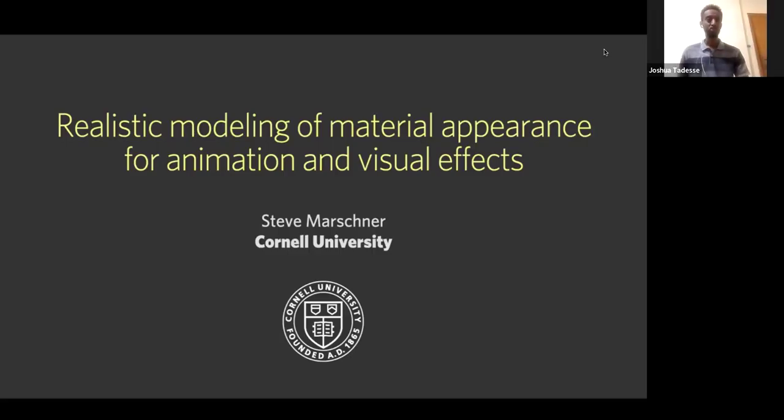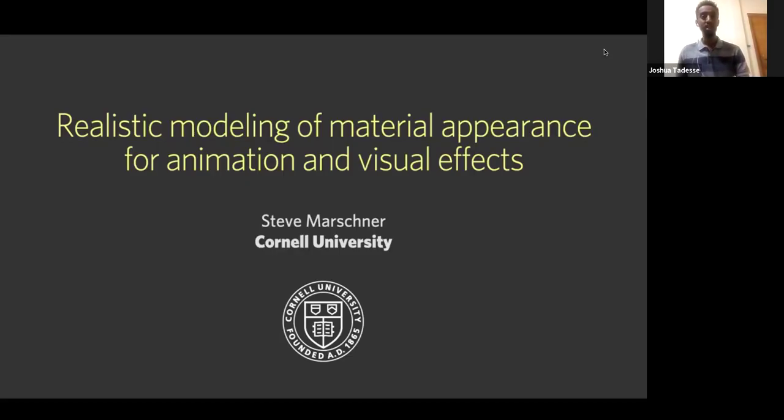So Dr. Steve Marschner is a professor of computer science at Cornell University, where he is conducting research in computer graphics and vision, centered around how optics and mechanics determine the appearance of materials. He obtained his bachelor's from Brown University in 1993 and his PhD from Cornell in 1998.